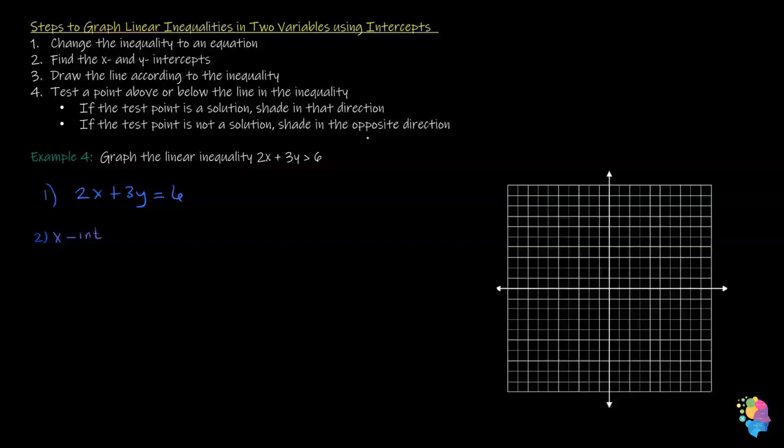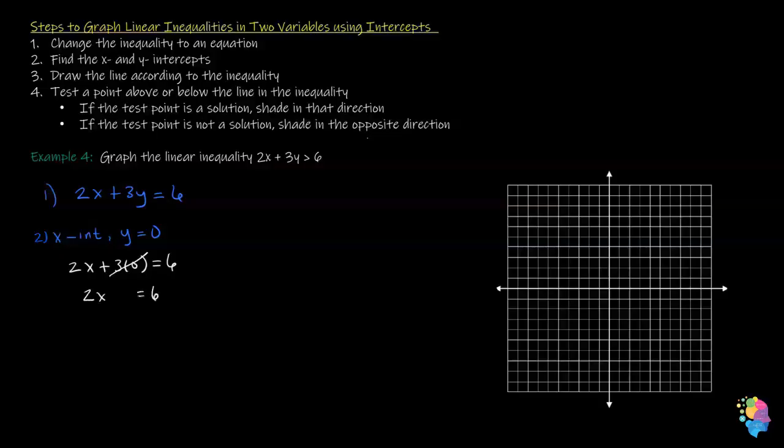If you remember, to find the x-intercept, we're going to let y equal to 0. So then we replace that. I will have 2x plus 3 times 0 is equal to 6. This is going to go to 0, leaving me with 2x is equal to 6.